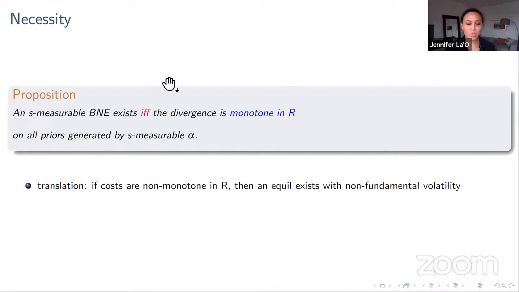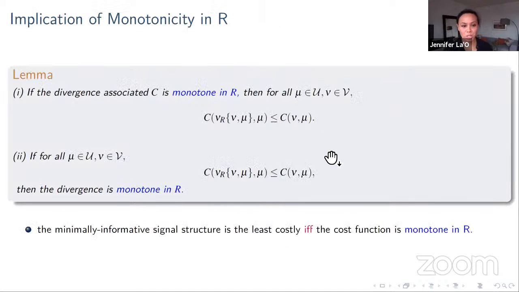An S measurable Bayesian equilibrium exists if and only if the divergence is monotone in R, on all priors generated by S measurable alpha bar. So what are we trying to say here? The translation is that if costs are now non-monotone in R, then an equilibrium exists with non-fundamental volatility. And this goes back to the intermediate lemma I showed you.